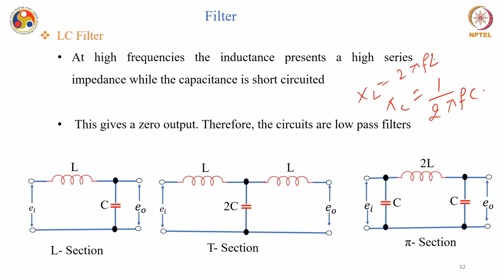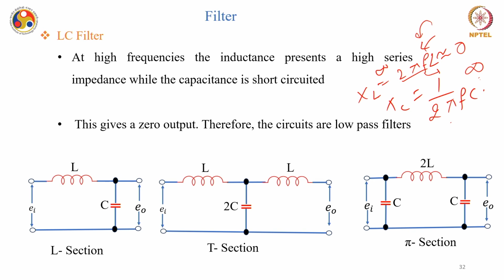So when frequency is very low, XL will be almost 0 and XC will be infinite. Similarly, when F is very high, XL will become infinite and XC almost 0. So at higher frequencies the inductor presents a high series impedance while the capacitor is short circuited, as you can see, and this gives you 0 output. Therefore, these circuits are basically low pass filters.